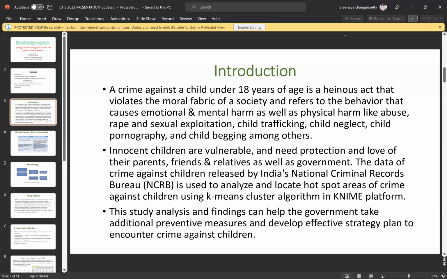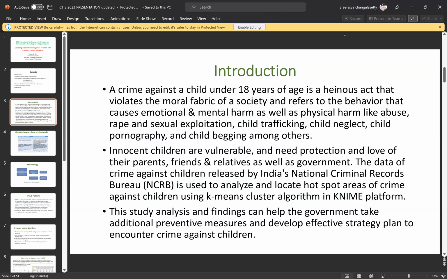But children who are so young, especially child victims, are not able to report or speak up against these crimes. Hence it's very important and necessary to find trends on where these crimes are being committed. Hence we are trying to find such trends using the K-means algorithm.